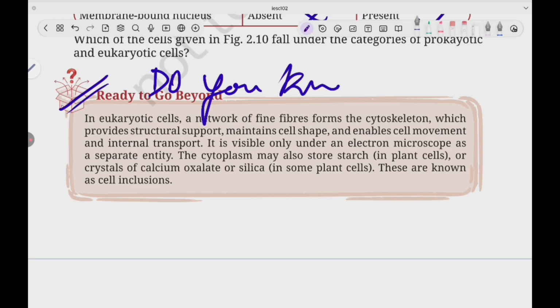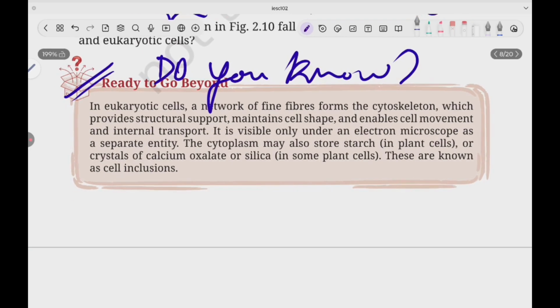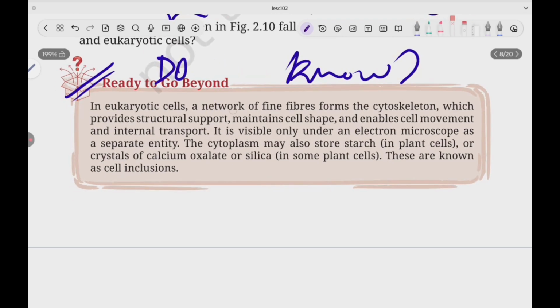Extra information, kind of. In eukaryotic cells, a network of fine fibers forms the cytoskeleton, which provides structural support, maintains cell shape, and enables cell movement and internal transport. So you are given extra information about the cytoskeleton.